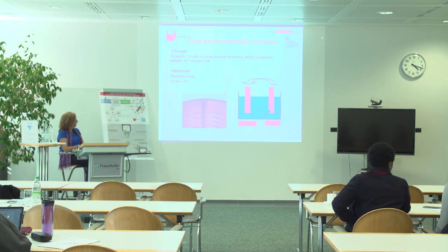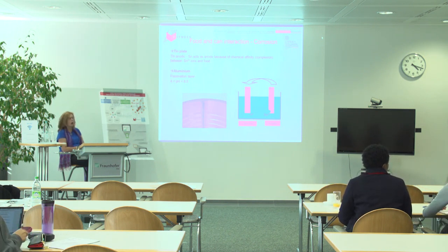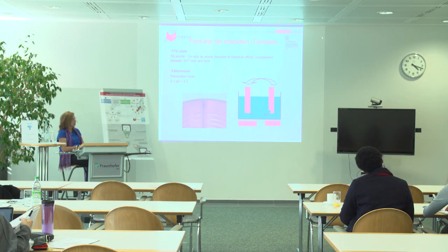And here we have a representation of how corrosion occurs, because we have the iron from the steel, we have the tin from the coating. So we have two metals with different electrochemical potentials.